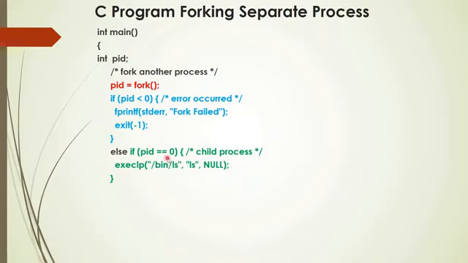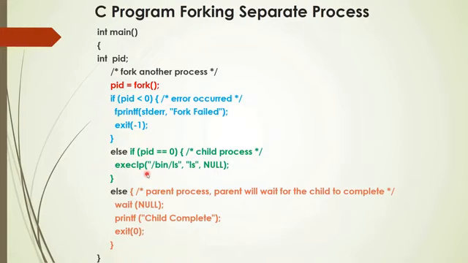Now as I have already mentioned, the same program is executed for the parent also and the child also. So for the parent, if the number is negative, it is an error, if it is 0, it is the child, and if it is positive, that is the else part. So that is how you can understand that the same code is executed by the parent also and the child also.